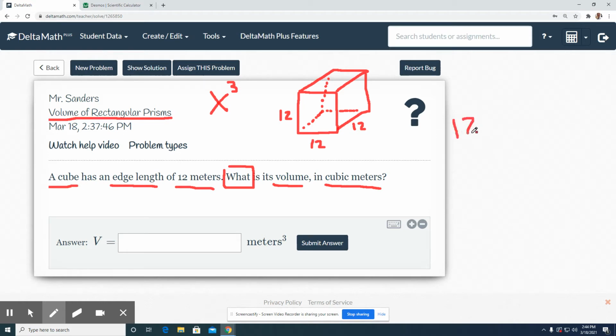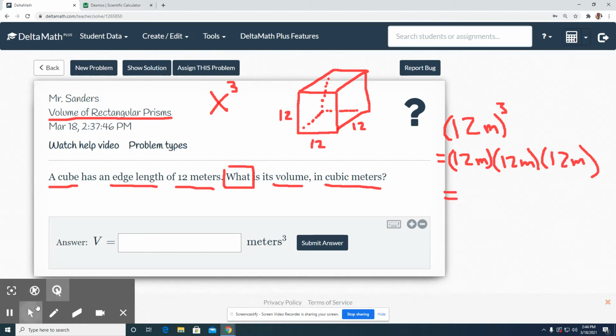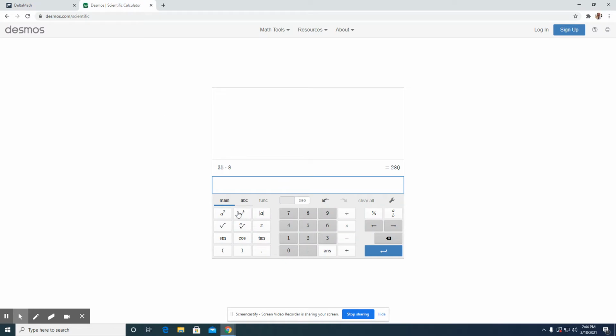So two ways of doing it, it would be 12 meters, and we'd use the m cubed, which is equal to 12 m times 12 m times 12 m, right? And we can find out 12 to the power of 3, 1728.